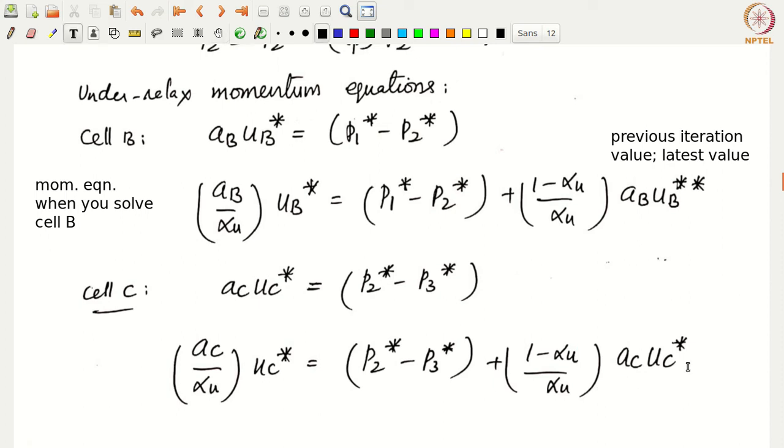This also has to be star star, basically I forgot to write it here. This is also star star, indicating that this is the current iteration value that is available. So essentially you would use these two equations in the solution of the star momentum equation.